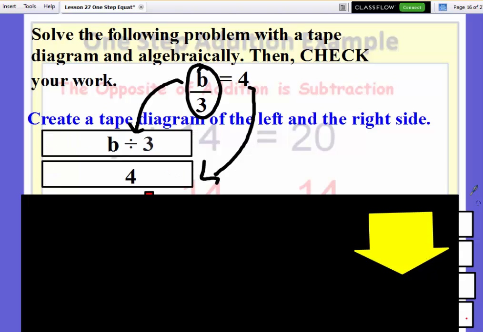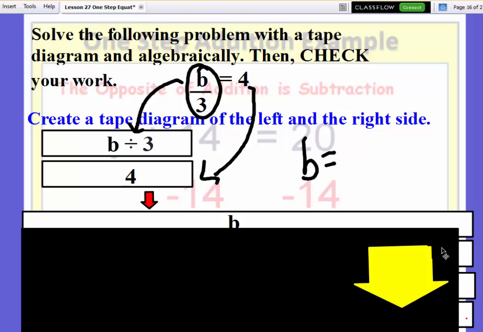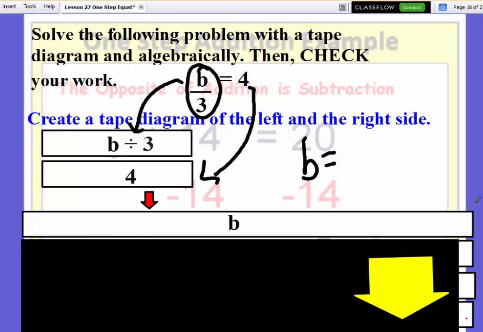Do I know what b equals yet? I don't. I know what b divided by 3 equals. That equals 4. But I don't know what b equals, so I need to think, what can I do to show what b is? Well, I know b is going to be larger than b divided by 3. Whenever I divide something, it gets smaller. So I know b is going to be a larger number, so I draw a larger tape diagram.